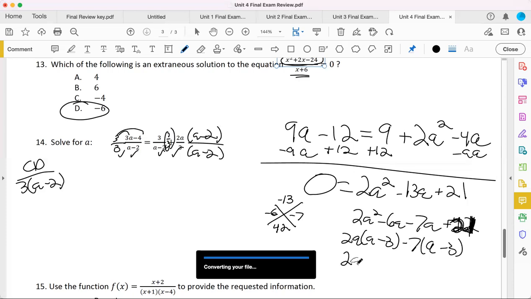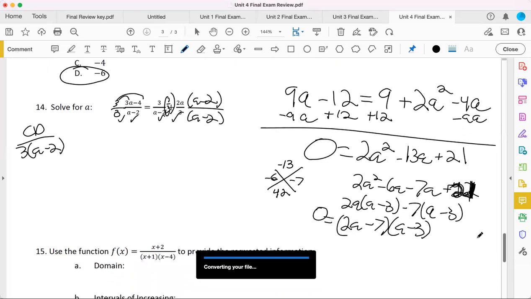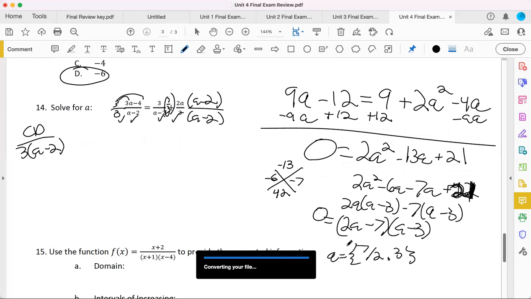So cool beans. You're left with 2a minus 7 times a minus 3. This all equals 0. You're going to have 2 answers here in this case. You will definitely have 7/2 and 3. So a could be equal to one of those.